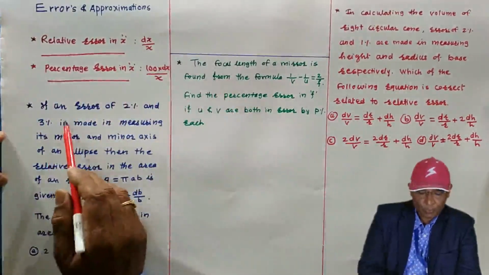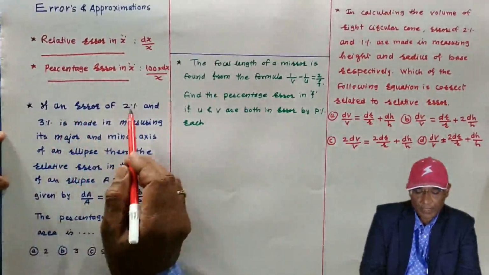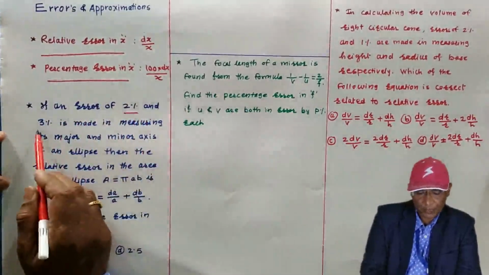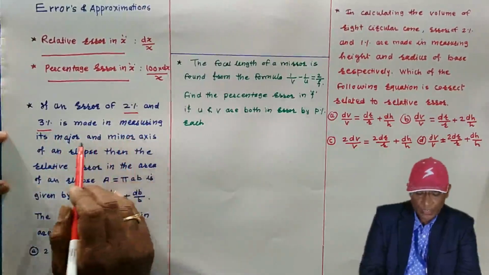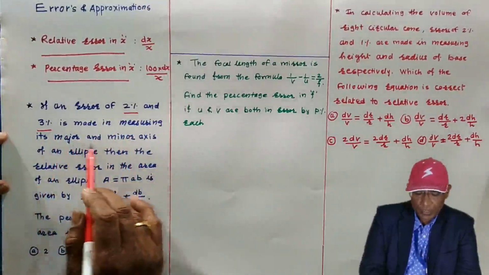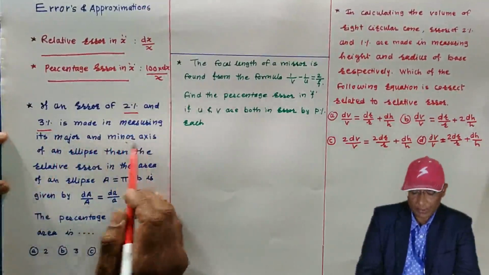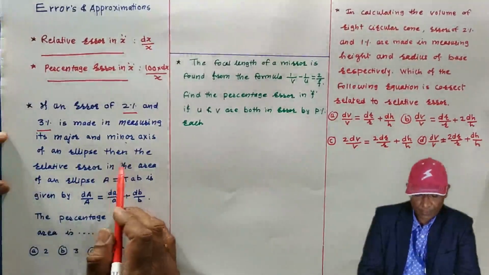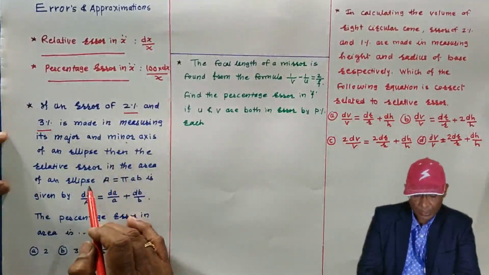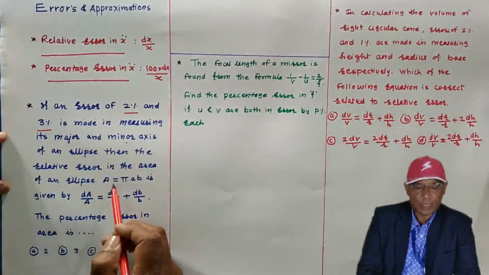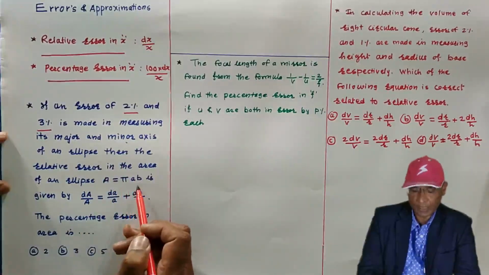So, a very simple problem. If an error of 2% and 3% is made in measuring the major and minor axis of an ellipse, then find the relative error in the area of the ellipse, which is given. It is pi multiplied by a into b.